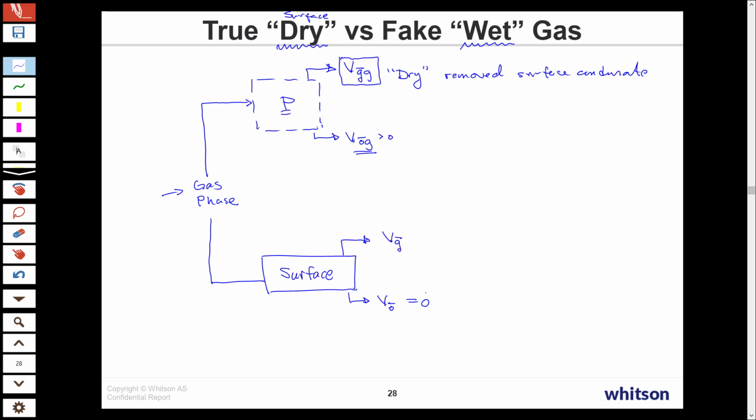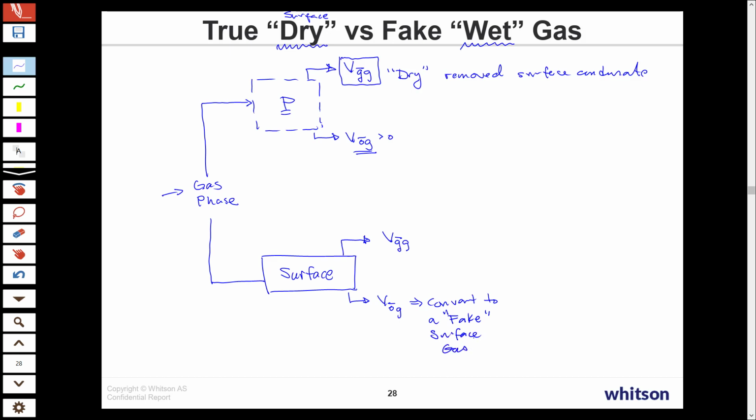What we're going to actually do here is raise this. It's not really zero, but what we're going to do is the following. We're going to say that that surface condensate that comes out of the oil, we're going to convert this to a fake surface gas.